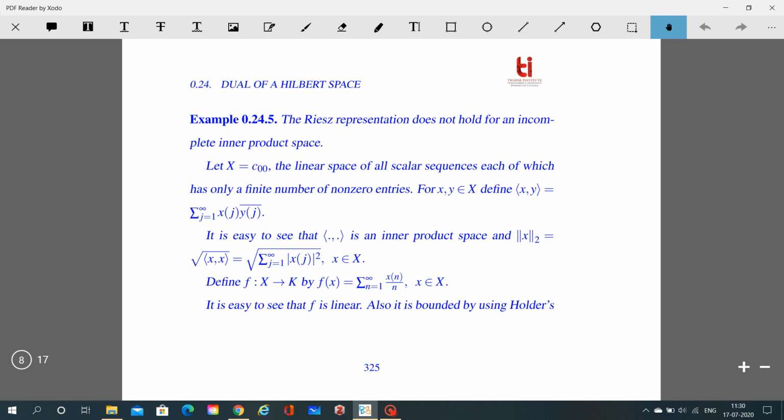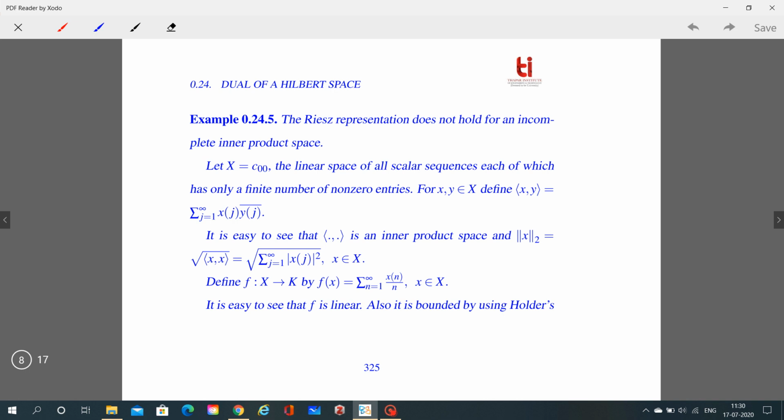For x and y belonging to X, define the inner product of x comma y as the summation of x_j into y_j bar. It is easy to see that this is an inner product space, and we can define the 2-norm as the square root of the inner product of x comma x, which is equal to the summation of modulus of x_j squared.